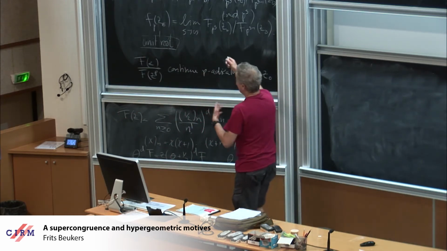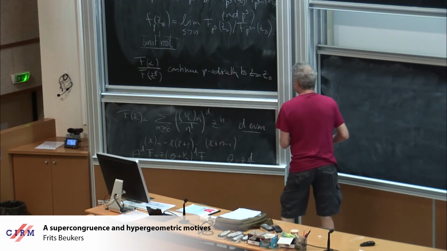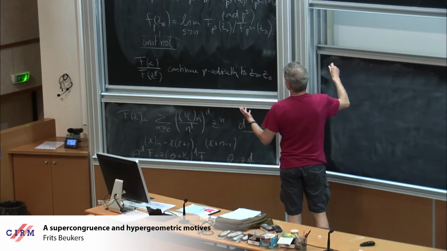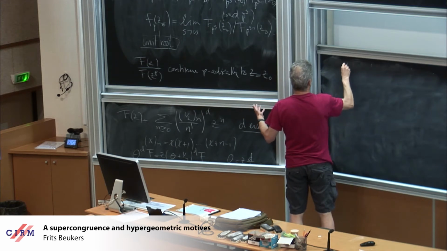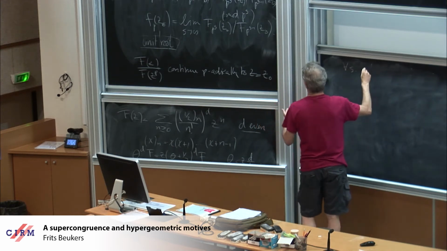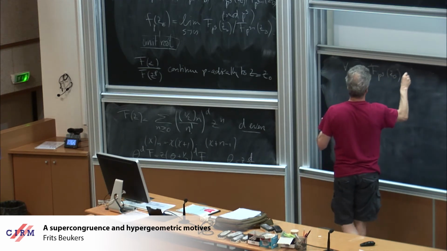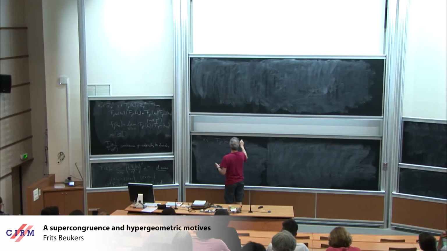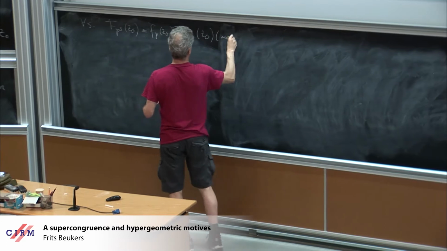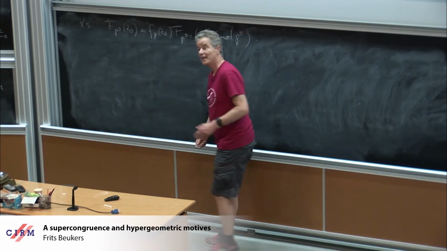So now that we have this limit, you can of course easily see that we have the following congruence, that for all s's, we have that fp to the s of z0 is equal to fp z0, fp to the s minus 1 z0 mod p to the s.